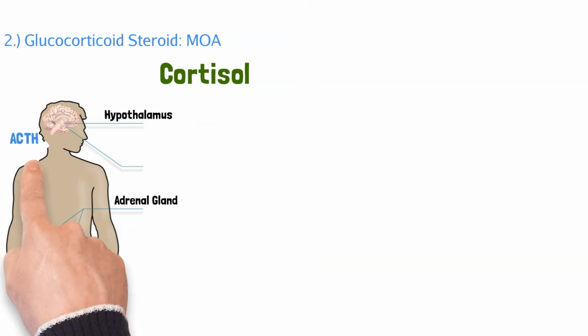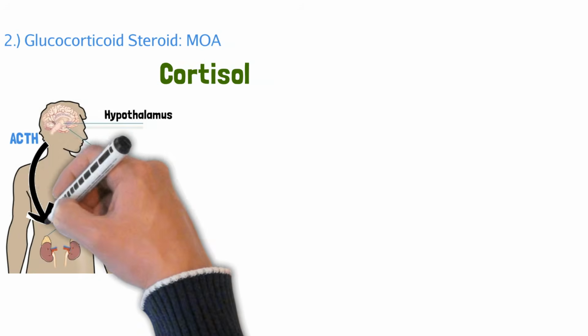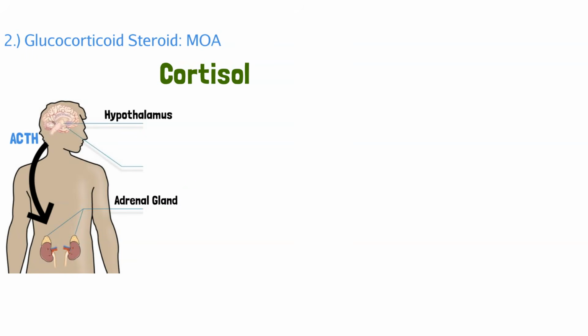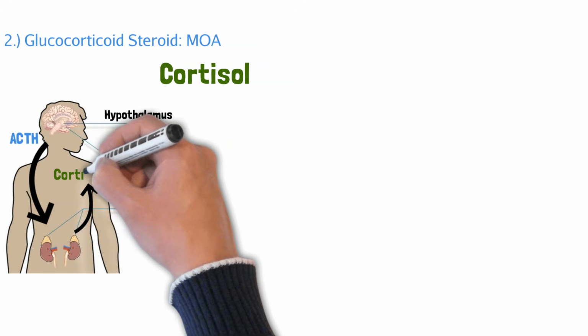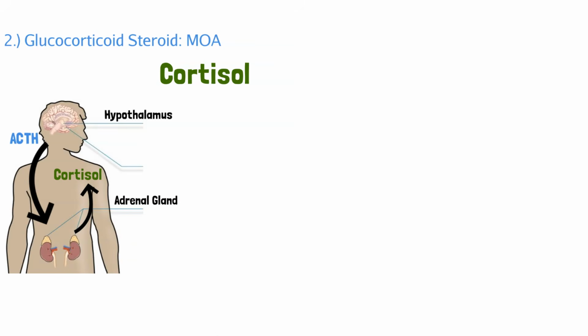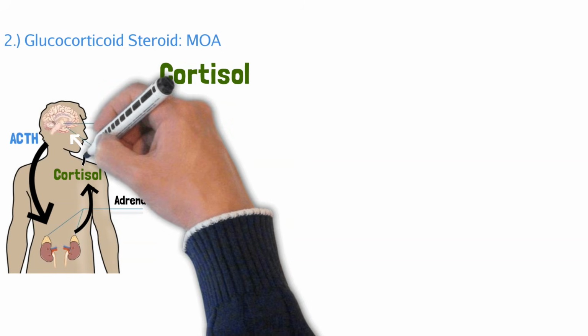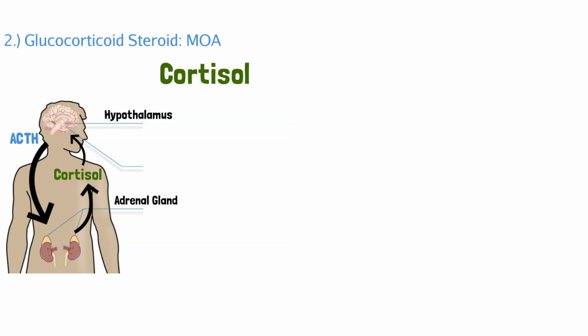Basically, the hypothalamus releases another hormone called ACTH, which travels to your adrenal glands, which are on top of the kidney, and that produces and releases cortisol. Remember, cortisol is your natural corticosteroid. What's unique is that when we have more and more cortisol, it's a negative feedback loop, meaning when we have more cortisol, it links to the hypothalamus to say, hey, stop making more cortisol.